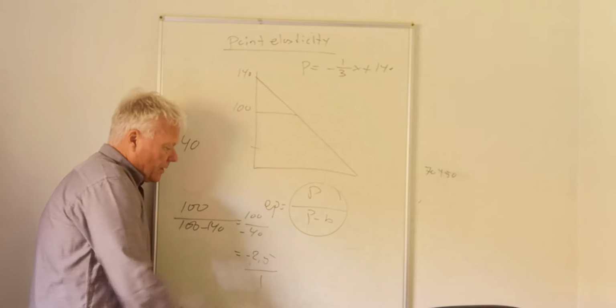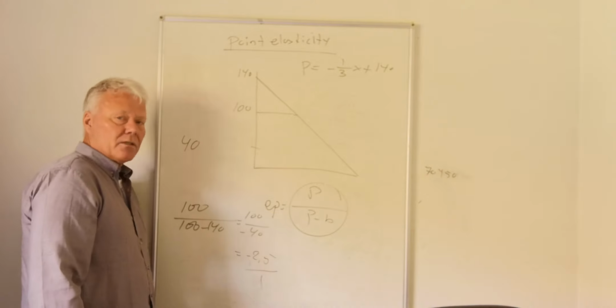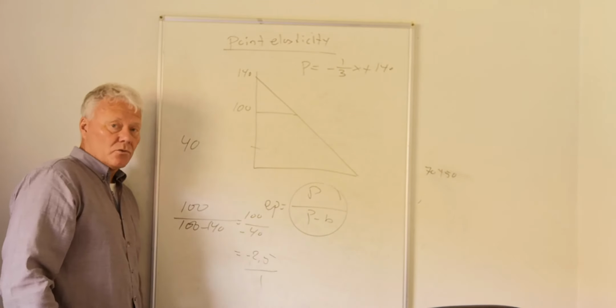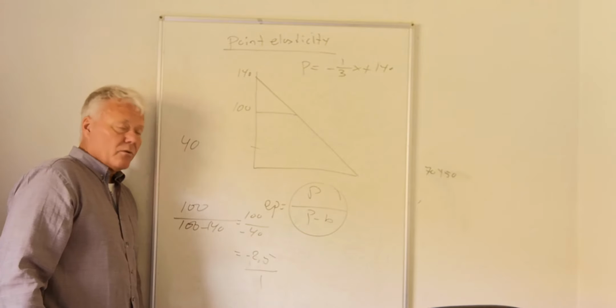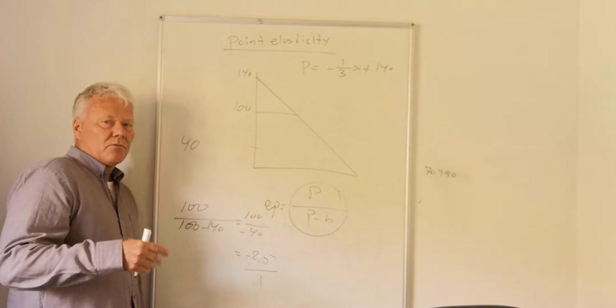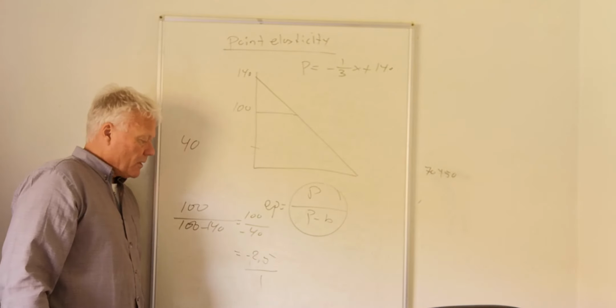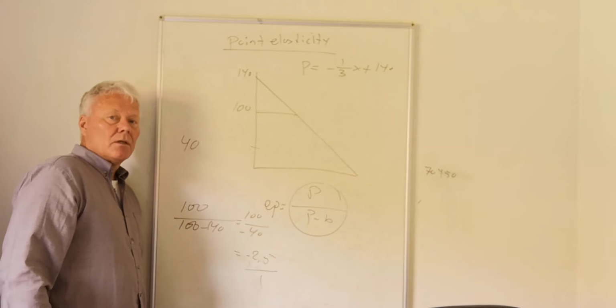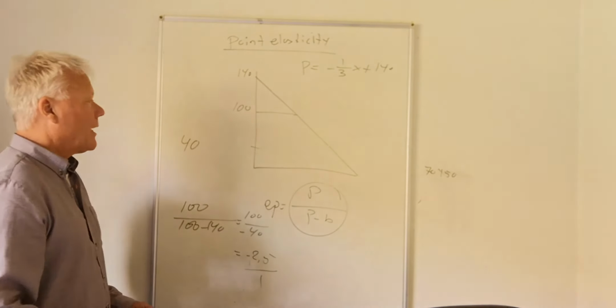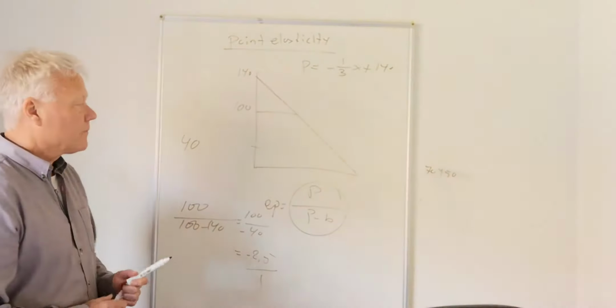Meaning that if the price is raised by 1%, the deduction in the number of units sold will be 2.5%. That has a huge effect. So if you have an increase of 10%, the deduction in the number of units sold is 25%. So that has a lot higher effect.